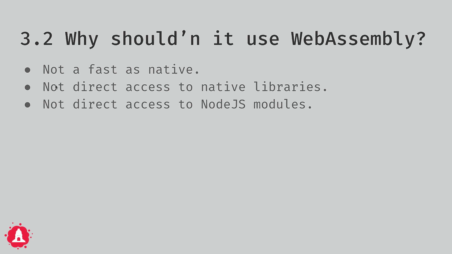It's not possible with WebAssembly to reuse existing Node.js libraries, or existing system libraries, for example for getting access to the disk or to specific hardware. It's not recommendable, because the intention of WebAssembly is to be used for high performance computation. Also, there's no direct access from WebAssembly to Node.js, for example to include Node.js libraries into WebAssembly.